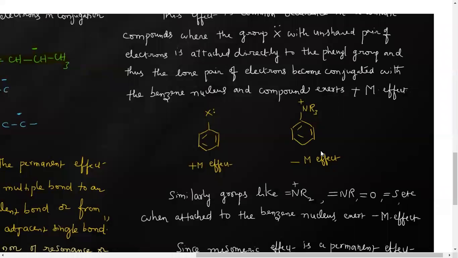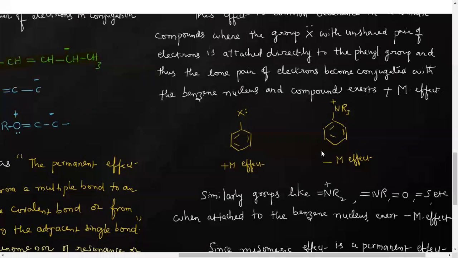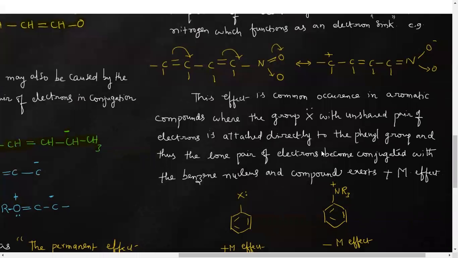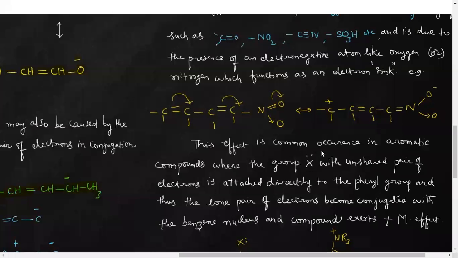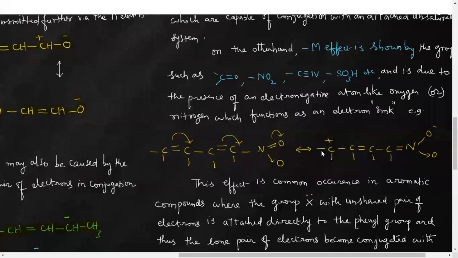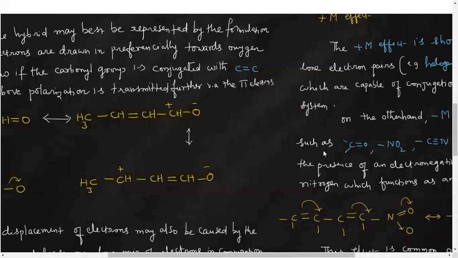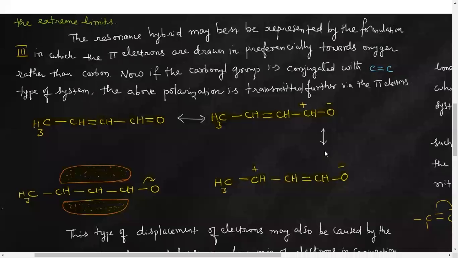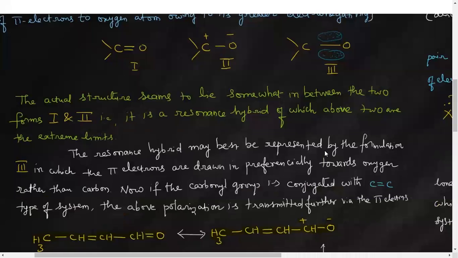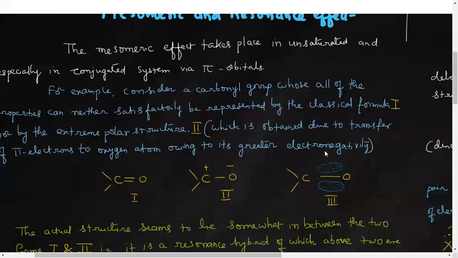That means there is no chemical reaction discussion in these kinds of effects. Why? Because internally in the molecule, the inductive effect as well as the mesomeric effect take place, and both come under permanent electron displacement effects.